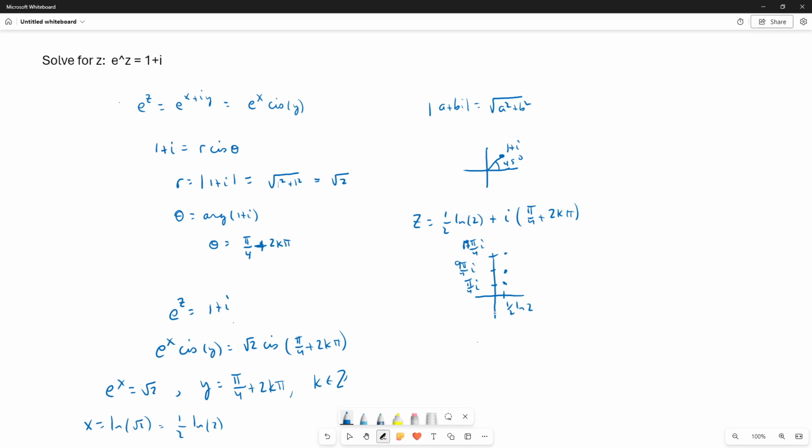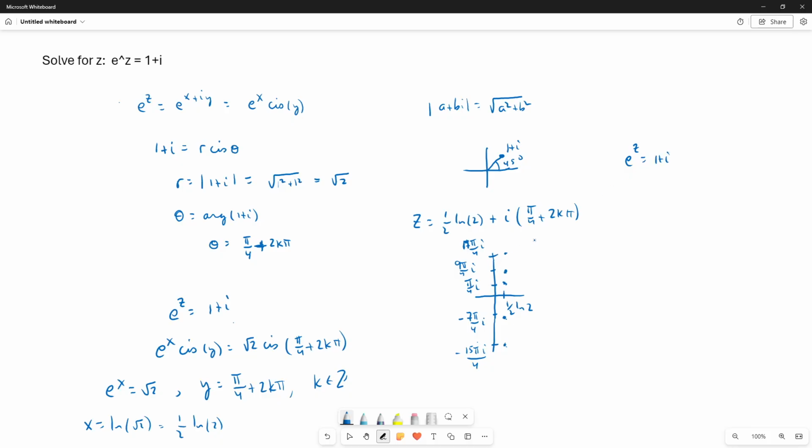And then we have one down here, negative 7 pi i over 4, and then another one, negative 15 pi i over 4, that's down here. So all of these complex numbers are solutions to the equation e to the z equals 1 plus i.